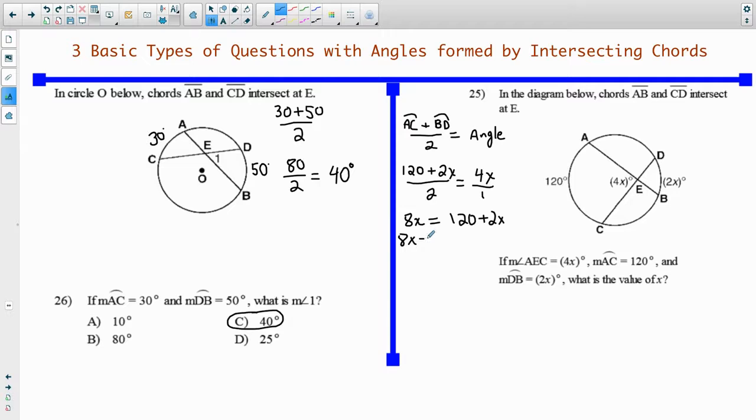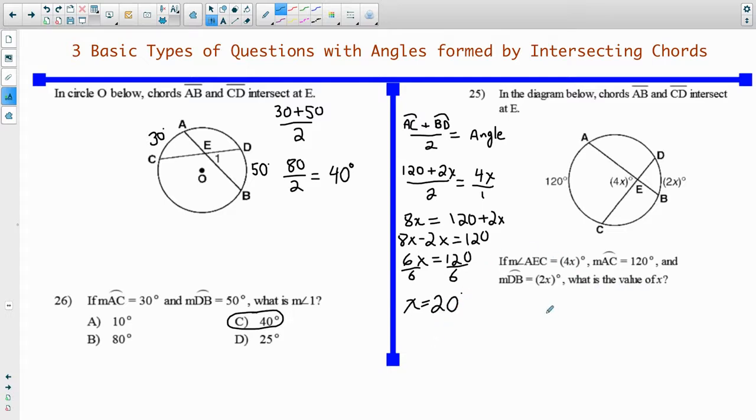And now I'm just going to carry the 2x to the other side. 8x minus 2x is 6x, which is equal to 120. And x is equal to 20.